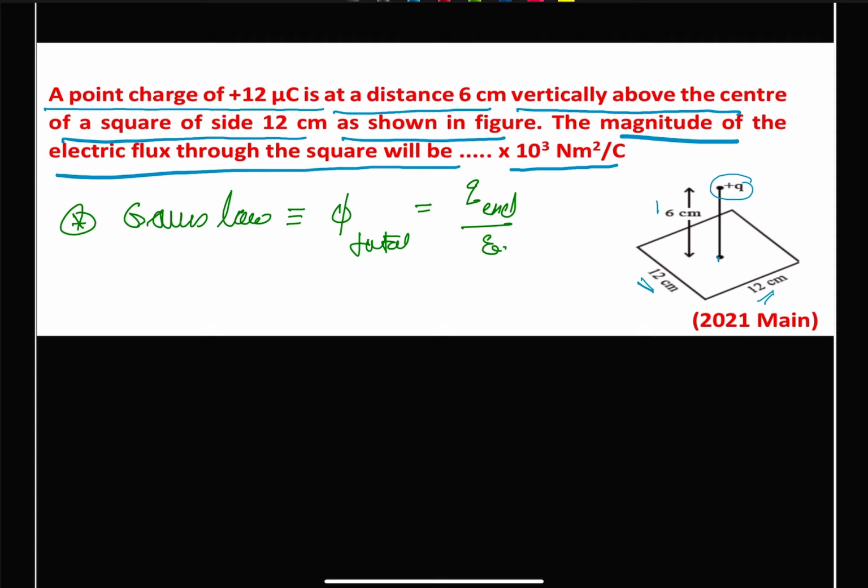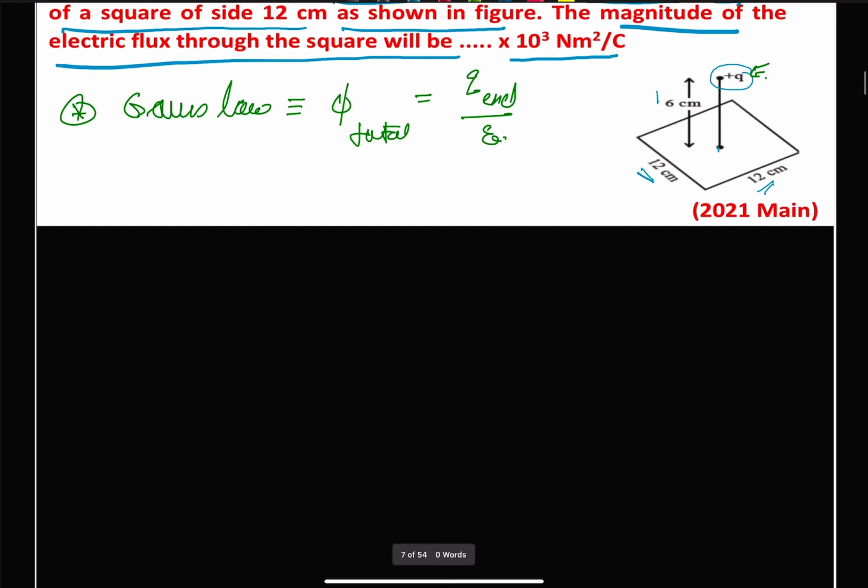Which basically means that this given charge q should be enclosed in a surface. So in order to enclose it, we are going to draw a cube whose base will be the given square. The height of that cube will be 12 centimeter, so this particular charge will be exactly at the center of the cube.